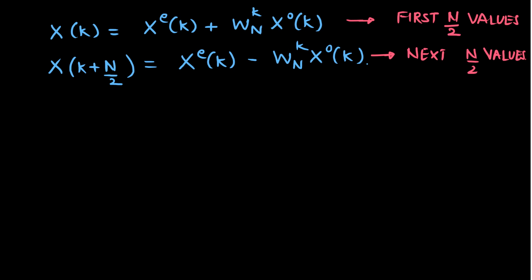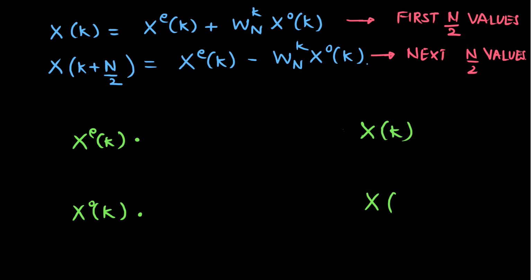Now we can represent these two equations in a typical structure, which can be drawn something like this. So let us consider this X even of k and X odd of k, and we know that using these two points we need to find X of k and X of k plus n by 2.